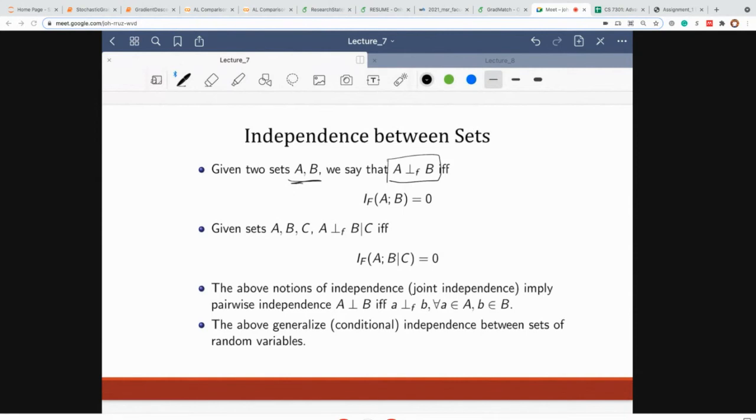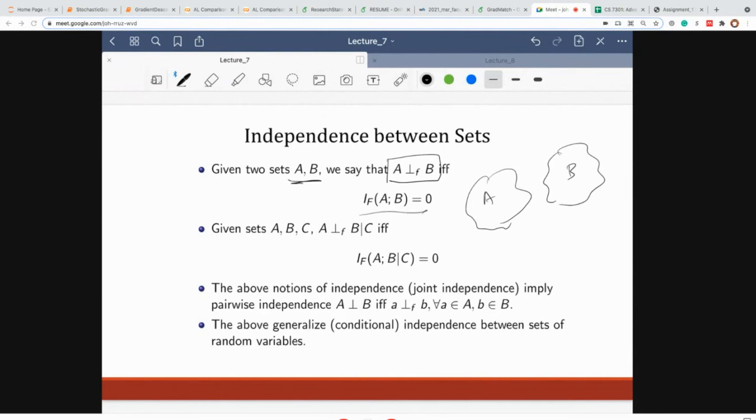So the above notions of independence or joint independence imply pairwise independence, it turns out, right? So what I mean by pairwise independence here is that, recall we are dealing with sets. So two sets A and B are jointly independent, if this is true.